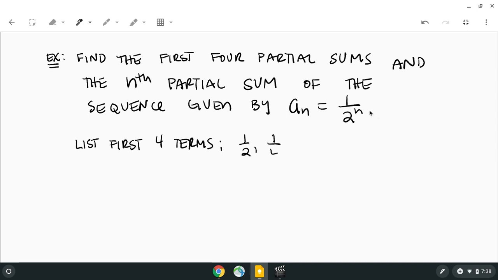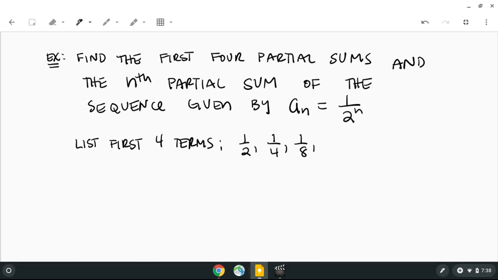To get the third term, we'll plug in 3 for n, and we get 1 over 8. And for the fourth term, we'll plug in 4 for n, and we get 1 over 16. So we have our first 4 terms.